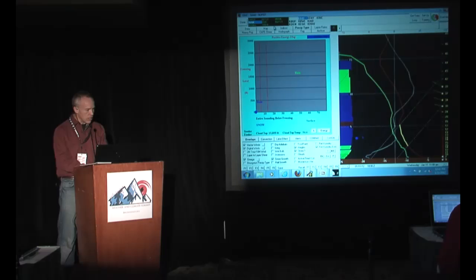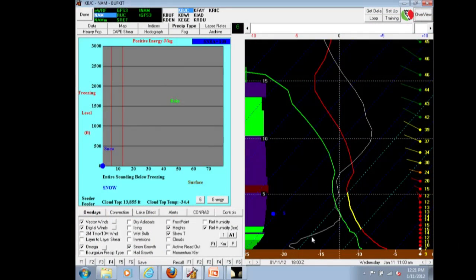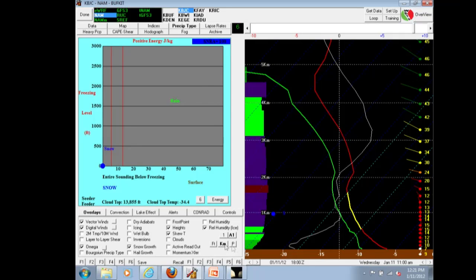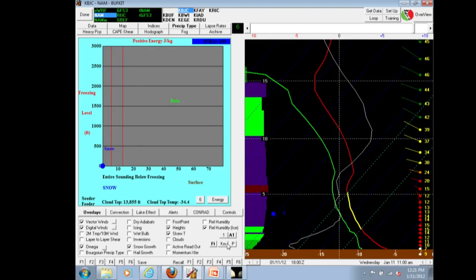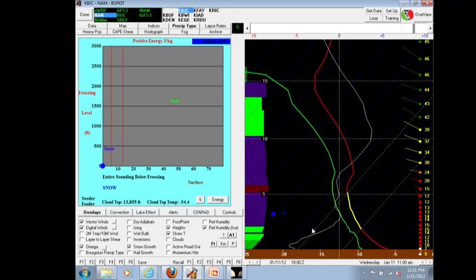In fact, it's so close. If I actually adjusted, if I could, yeah, I would actually adjust that, and you'd actually see us probably sitting at the bottom of the snow growth zone. I mean, it's that close, at least at this point right here. Let's see, if I went to feet, you see that? I'm changing my vertical scale: feet, kilometers, pressure. If I go to feet, there we go.